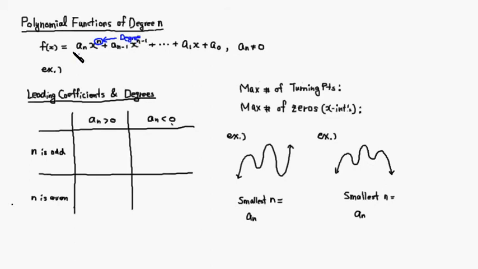The number in front of the highest power term is called the leading coefficient.